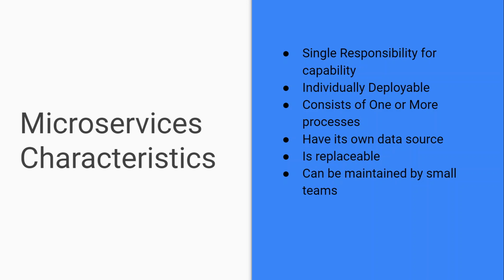There are two types of capabilities that a microservice can perform. There is a business capability, which is something the system does that contributes to the purpose of the system, like keeping track of users' shopping carts or calculating prices.